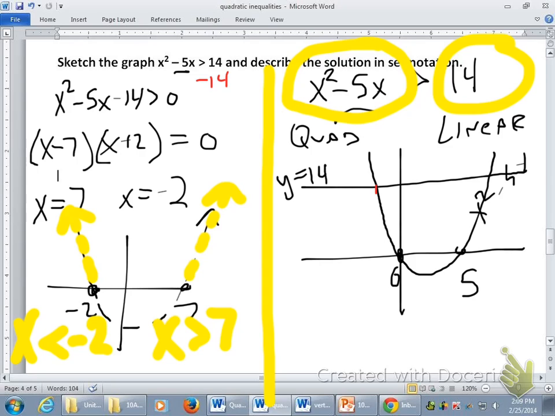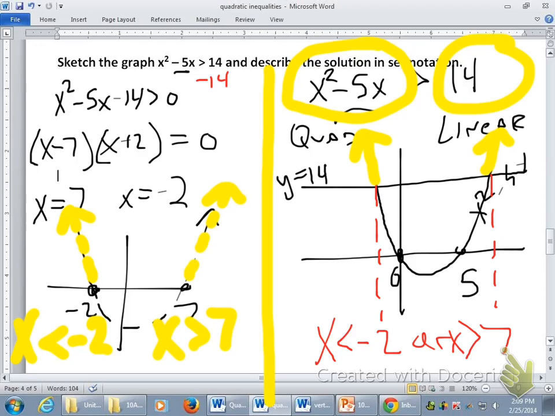And that happens right here at -2 and right here at 7. And just like on the last one, it's bigger above it. Actually, those should be dotted lines, shouldn't they? But so it's a dotted line, but it's above it. So my answer is just like the last one. My answer is x has to be less than -2 or x is greater than 7.